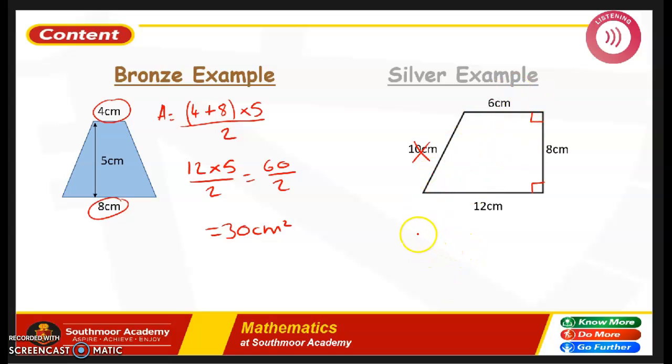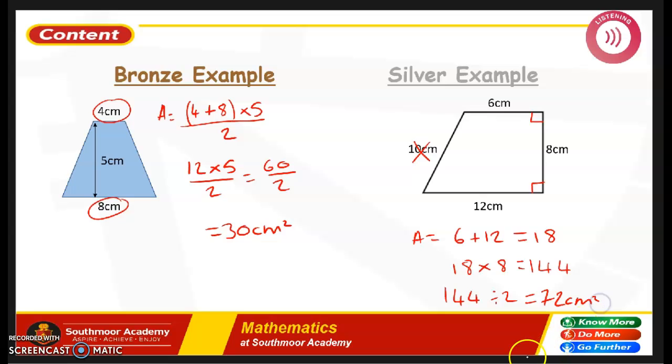Now to find the area of this trapezium, we're going to do 6 plus our 12, okay, giving us 18. We're then going to do 18 times by 8, which is our height, giving us 144. And then we're going to do our 144 divided by 2, which is equal to 72 centimetres squared. Okay.